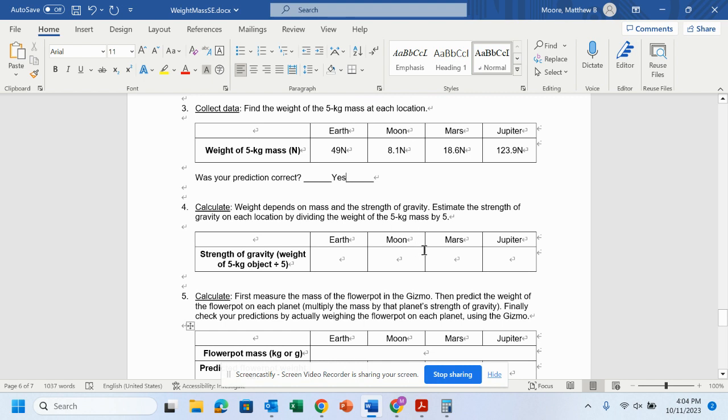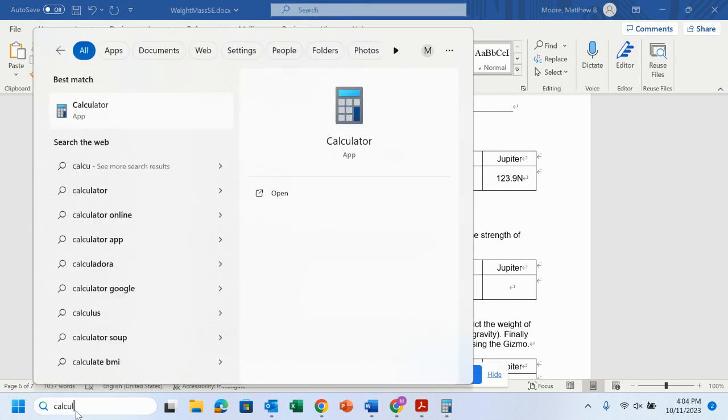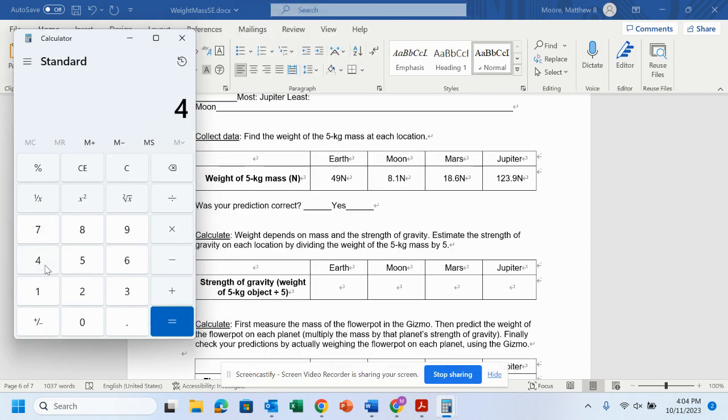Okay, so you're going to go to your calculator. For this first one, you're going to do 49 divided by 5. It's going to be 9.8.